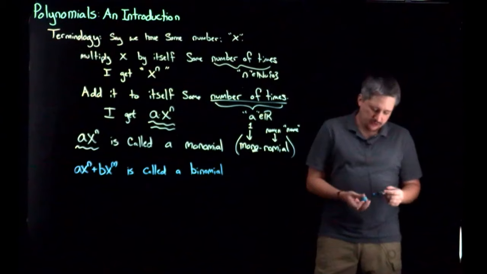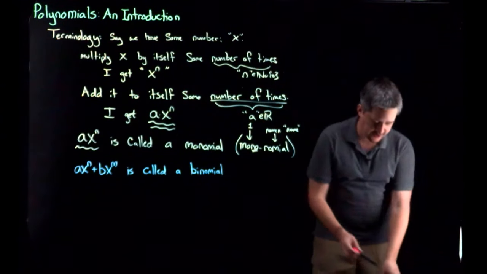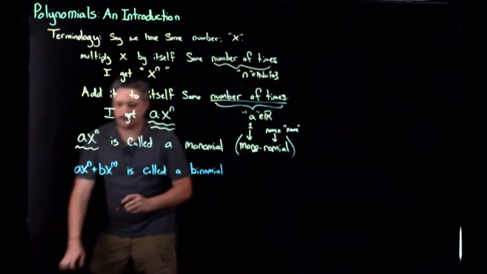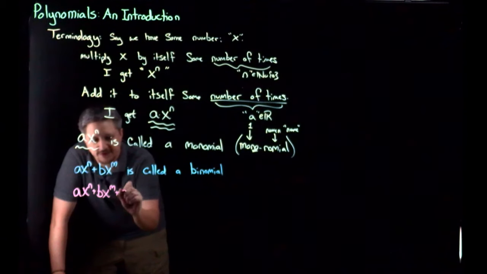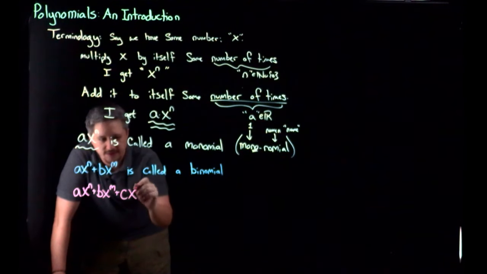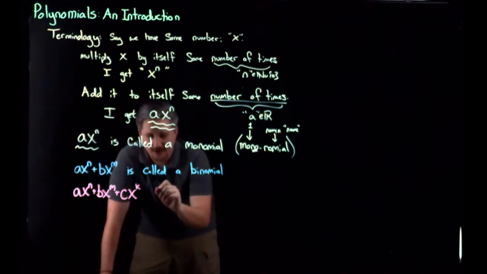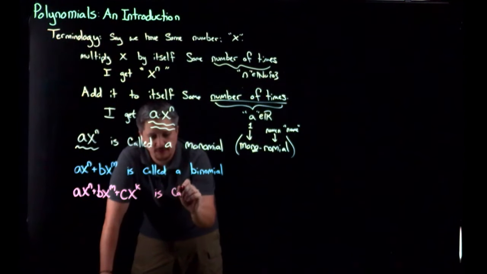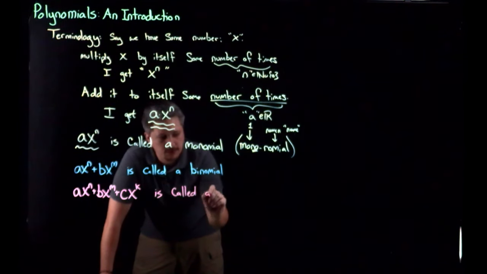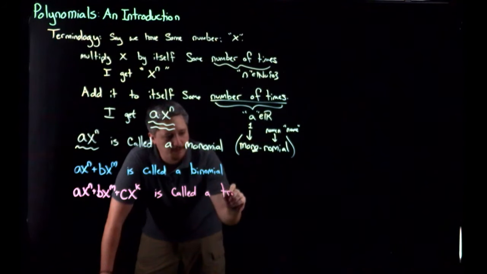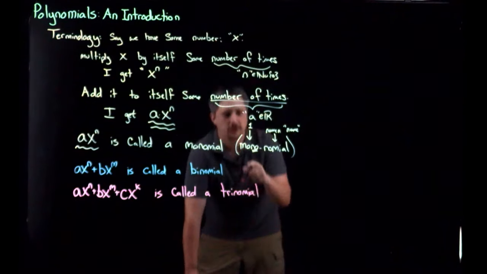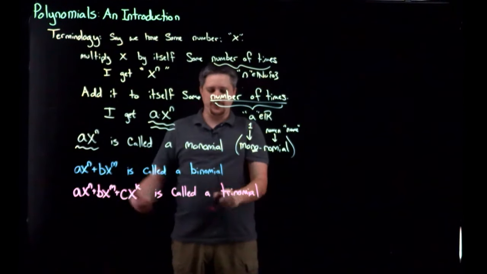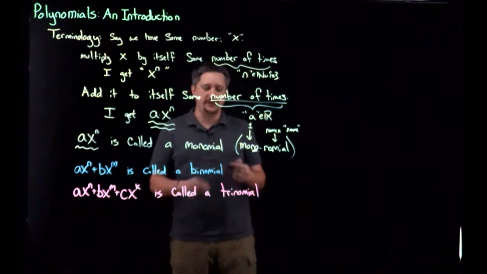Less commonly, I'll just record it for the sake of posterity, we might also have ax to the n plus bx to the m plus cx to the k, maybe. This is called a trinomial. So basically, mono, one term, bi, two terms, tri, three terms. Again, not very surprising, right?